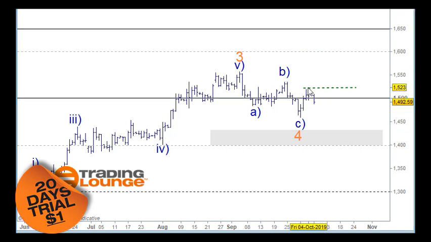So if this is wave 1 here and back for wave 2, then we'll head up for wave 3, 4 and 5 up through here. If that heads up through there, obviously that could put pressure on stocks as well at that point. So that's why I'm thinking the indices may still have a bearish trend in them at this stage, but let's just see which one wins out from here.